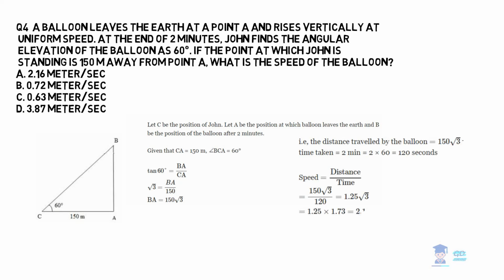Right. Speed is equal to distance by time, 150 root 3 by 120. So 1.25 into root 3, 1.25 into 1.73. So if we just multiply, we'll get it as 2.16 meter per second. Okay, I think you are clear with this question also.